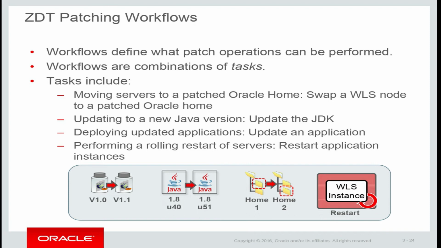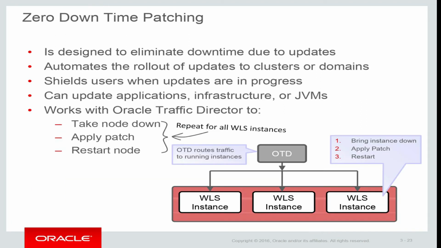It does this in a rolling restart manner. Rolling restart means do the first instance, then start it, then stop the second instance, then the third, one by one, until all are done.